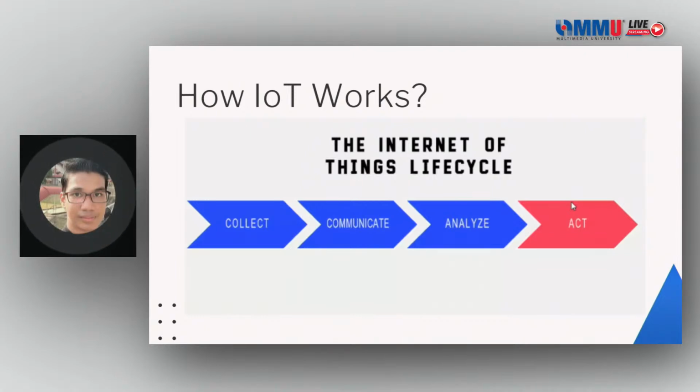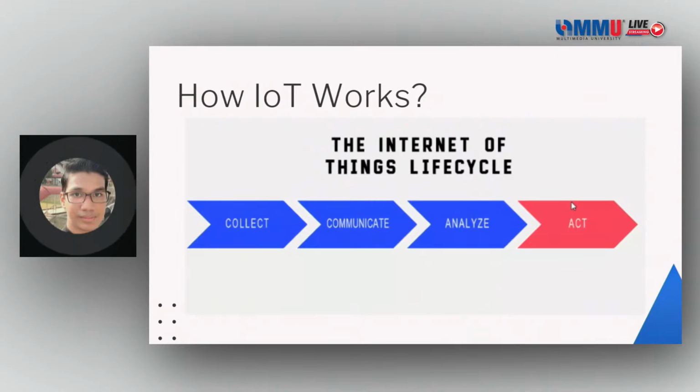Once we have sent them over to the internet, the next step is processing them. To process them, we will use some certain application. The analysis part is how we determine whether the data we collected could bring any meaning to us.